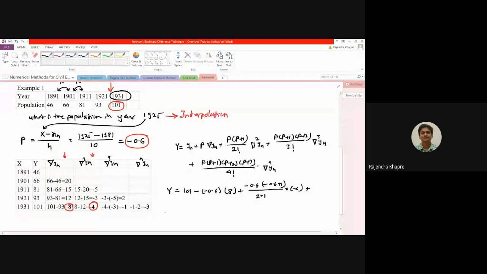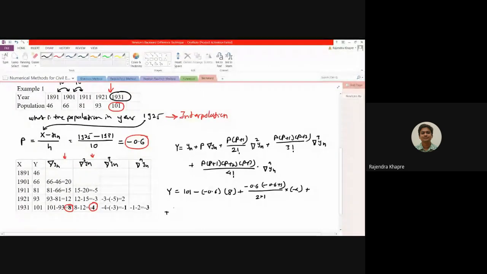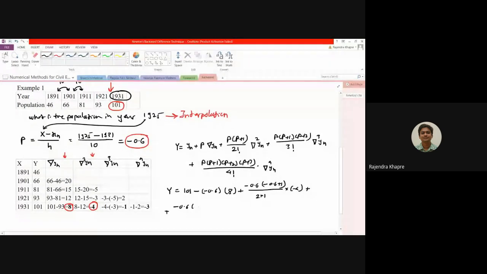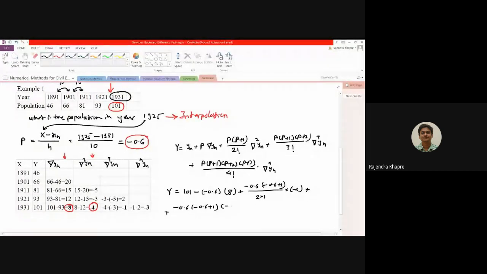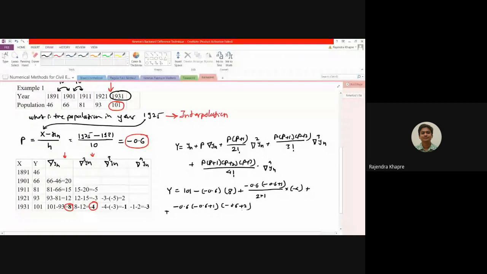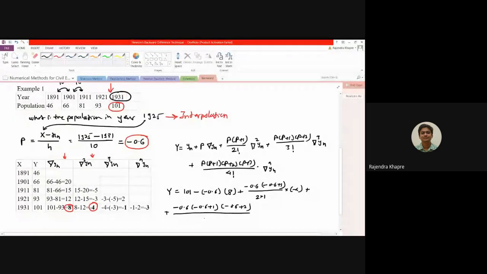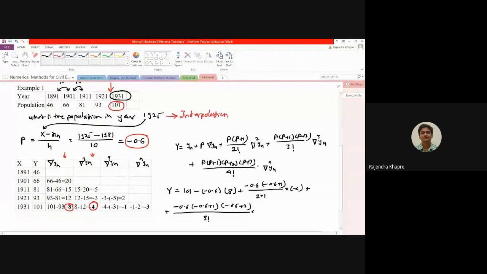Plus we have p, that is minus 0.6, into minus 0.6 plus 1, into minus 0.6 plus 2, whole divided by 3 factorial, into the last value for the cubical term, which is minus 1.